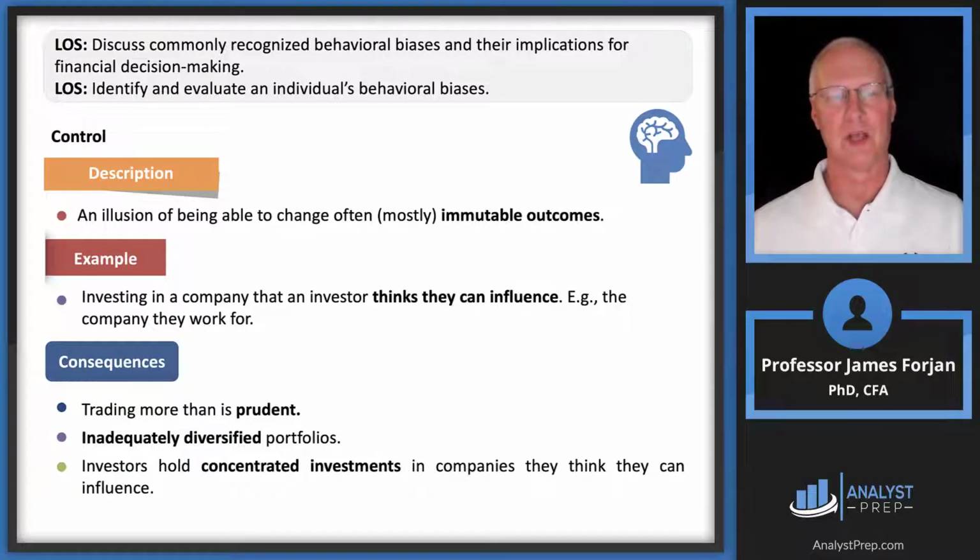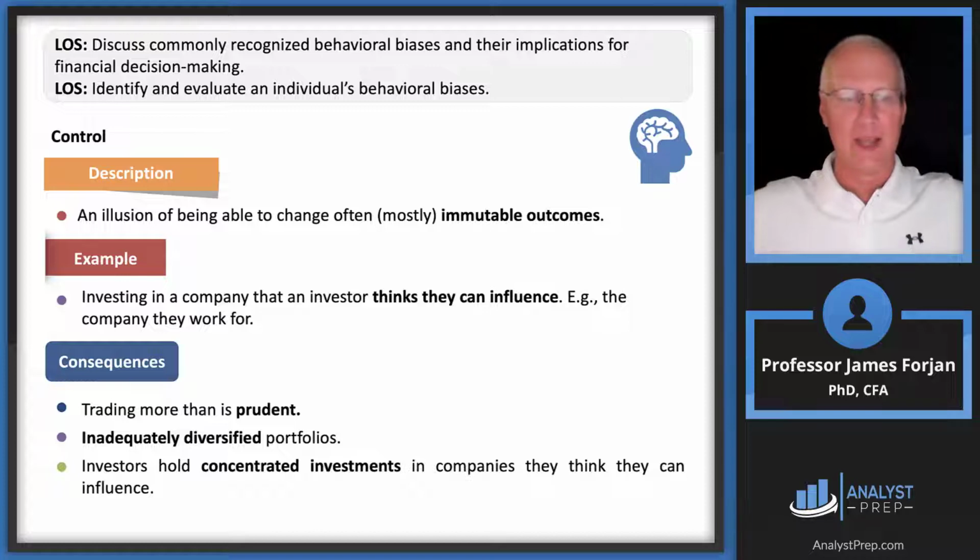Control, right? This is a lot of times called the illusion of control, that we think we have influence. This goes back to the example that if we work for a company, we think that we can control what goes on the floor of the New York Stock Exchange. Of course, when we work for a company, whether we're a factory worker, a middle manager, an executive, or even on the board, we have some kind of influence over the future value of the company's assets.